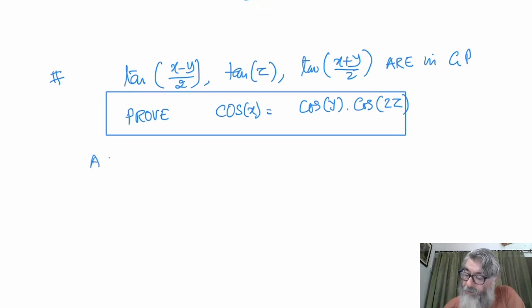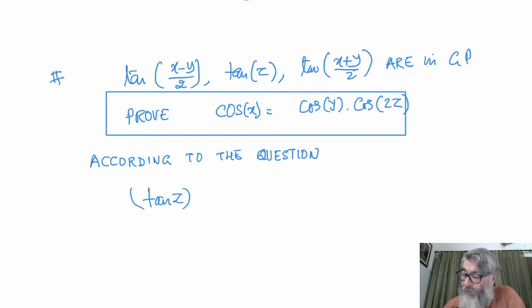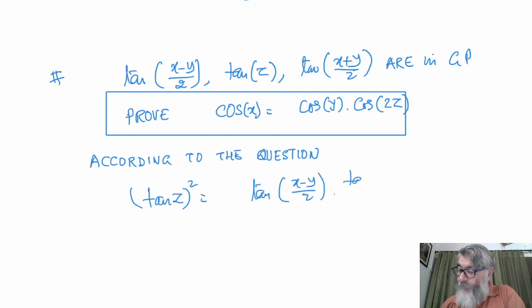According to the question, tan z whole square should be equal to the product of the first and the third term, tan (x minus y)/2 and tan (x plus y)/2. Answer is in terms of cos.